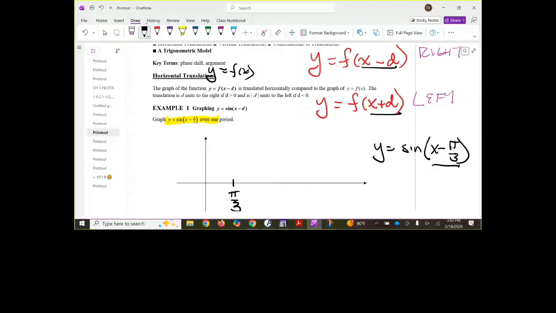Okay, y'all, remember our period is 2 pi over b? The b would be whatever number is in front of those parentheses. Y'all, the number in front of those parentheses, isn't it really a 1 because there's nothing there? So my period, y'all, 2 pi over 1, same thing as 2 pi. What I need to do, my friends, is I need to figure out where is that going to end, okay?